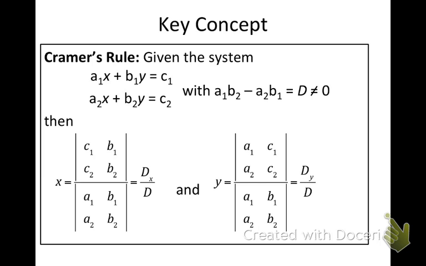To find your x, you use all the numbers except for the coefficients in front of your x. Find your normal determinant, and divide. To find your y, you use all your numbers except for your coefficients in front of your y. Find the determinant of them. We label that d sub y for the determinant of your y matrix.